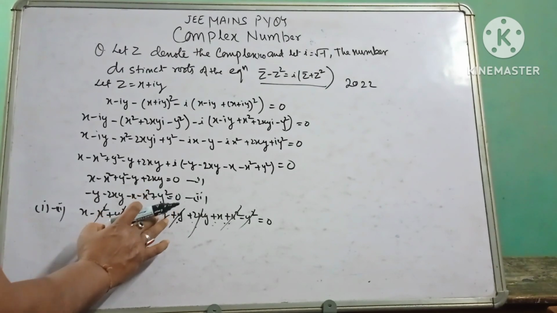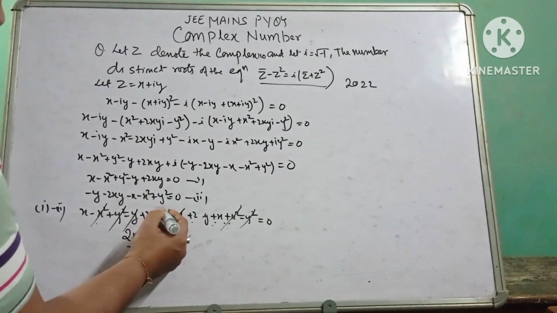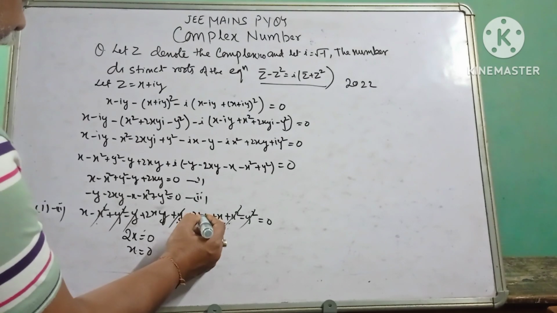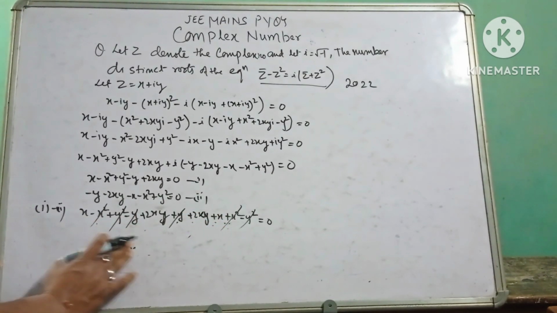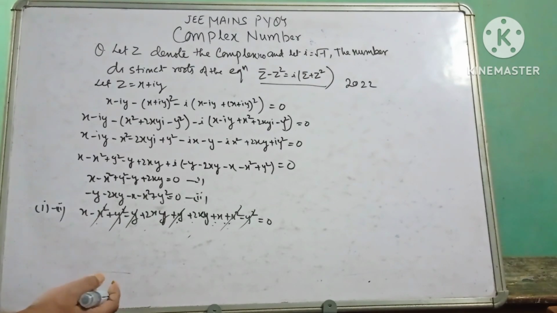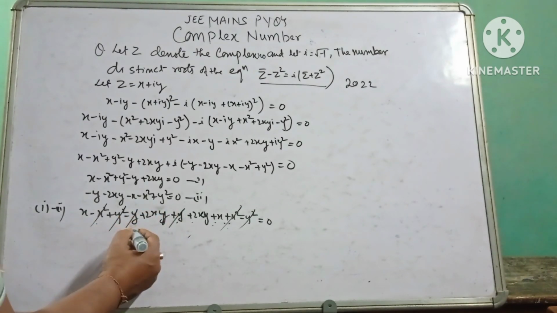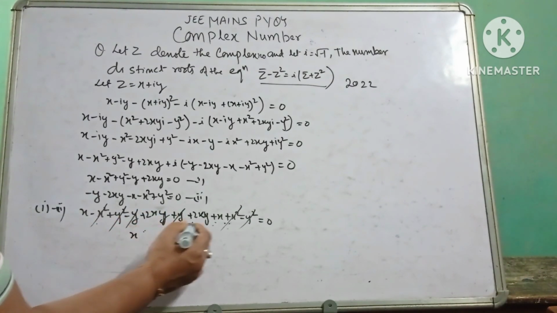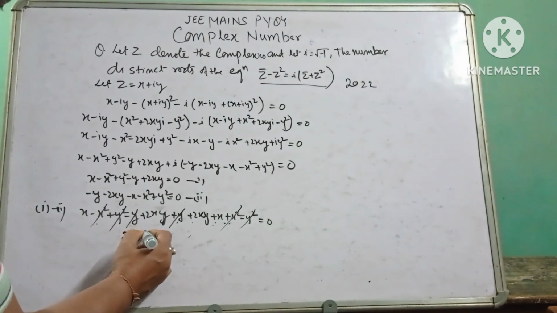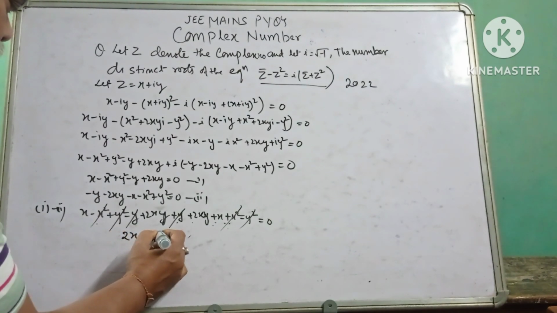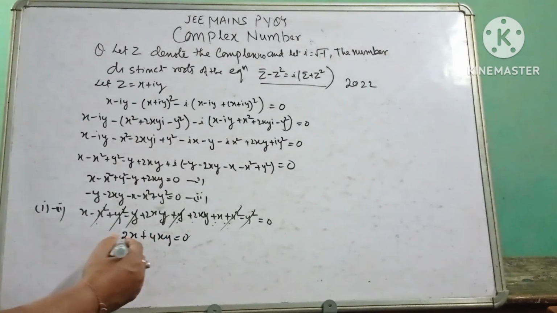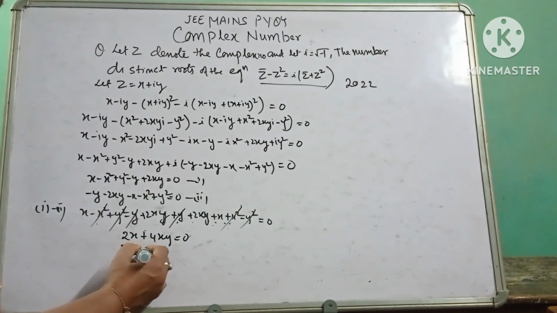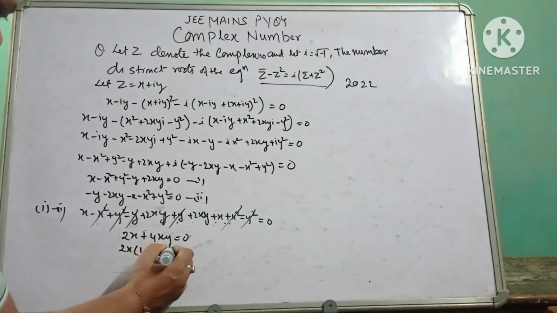So this does not cancel out. So this xy. So I was finding something because I got directly x is equal to 0. So this comes out to be 2x plus 4xy equal to 0. So here 2x common, this will be 1 plus 2y equal to 0.